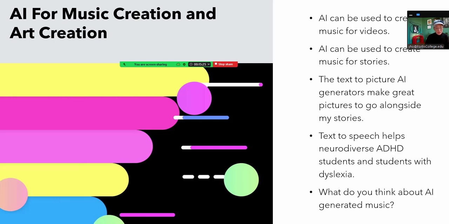Some of the pictures that I've used on the cover of my book were AI generated. I've used a lot of text-to-picture AI generators to make great pictures to go alongside your creative stories. And text-to-speech helps neurodiverse ADHD students and students with dyslexia.